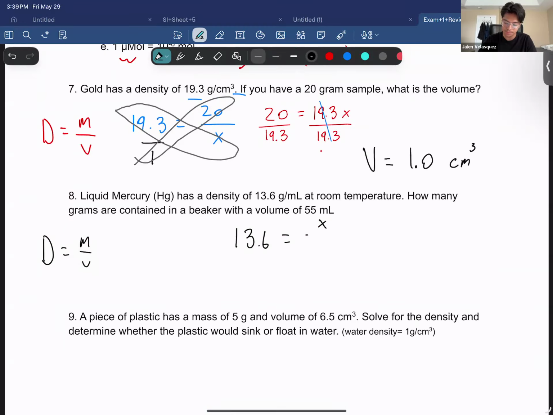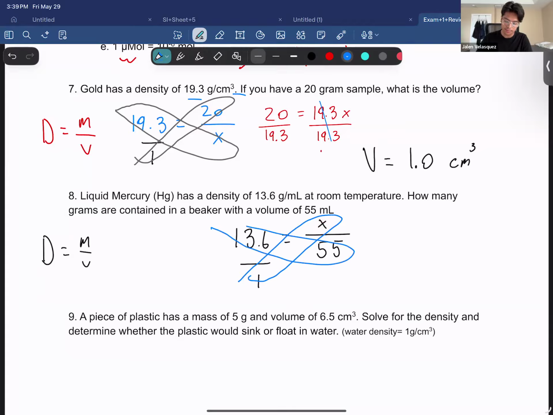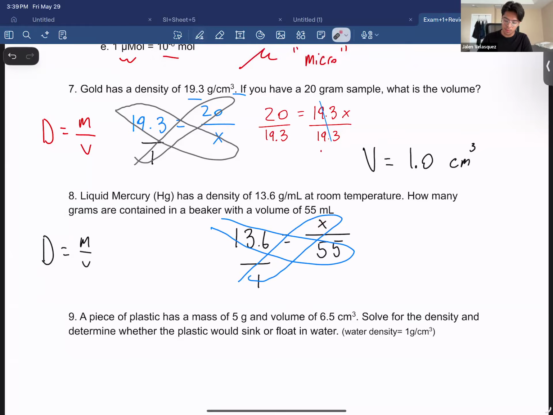So again, we can just cross multiply. So the 13.6, put it over 1, cross multiply. So you're going to multiply your denominator by that numerator. And same thing with the other side. So 1 times X is just X, right? So the mass is going to be equal to what?